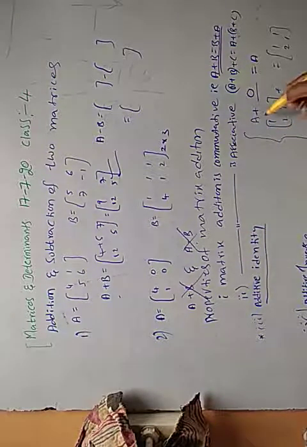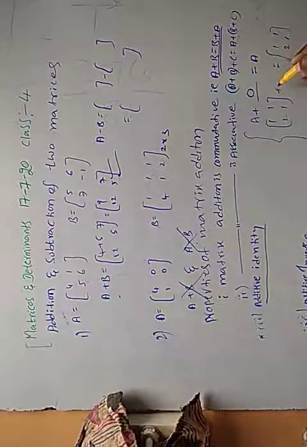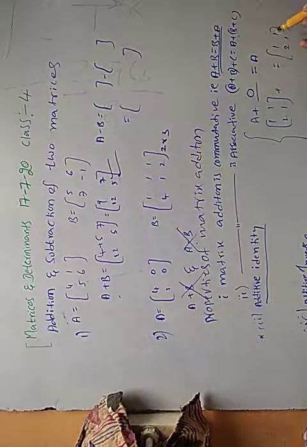1, 1, 2, 1 is A. According to the additive identity condition, we have to add some matrix to the given matrix, and again we should get back the same matrix. Then what do we have to add here? 0 0 0 0.